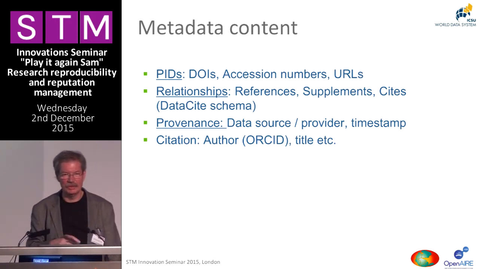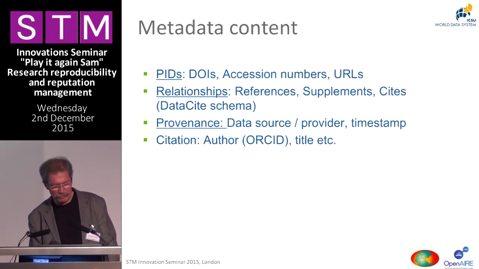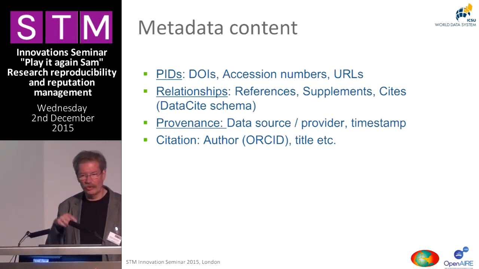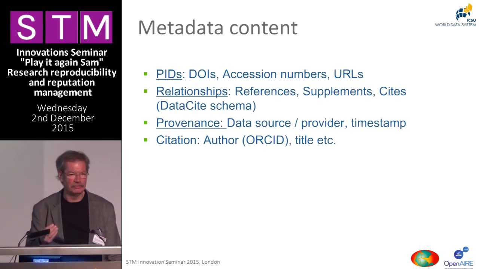Misinterpretation of information is usual, is common. And the provenance of the information is important: data sources, providers, timestamp on the information. And certainly we are also going for extended meta information like citation information. Actually, this could evolve into something that we think could be a Google Scholar for data.